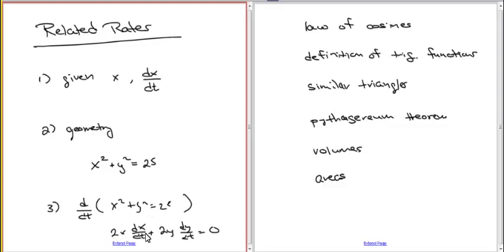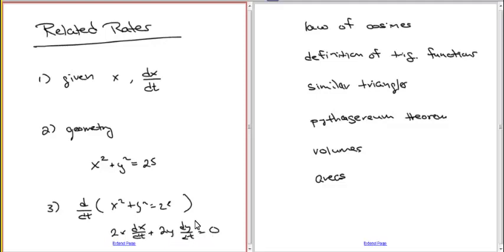And then, if you look at this particular example, if I give you dx/dt and I give you x, and I want to find out what dy/dt is, the only thing you still have to find is y. And then you'll only have one unknown. So you can use this geometric relationship here, or you can use one of these other things up here to find the other variable, not the derivative of the variable, but the other variable value at that particular point in time.